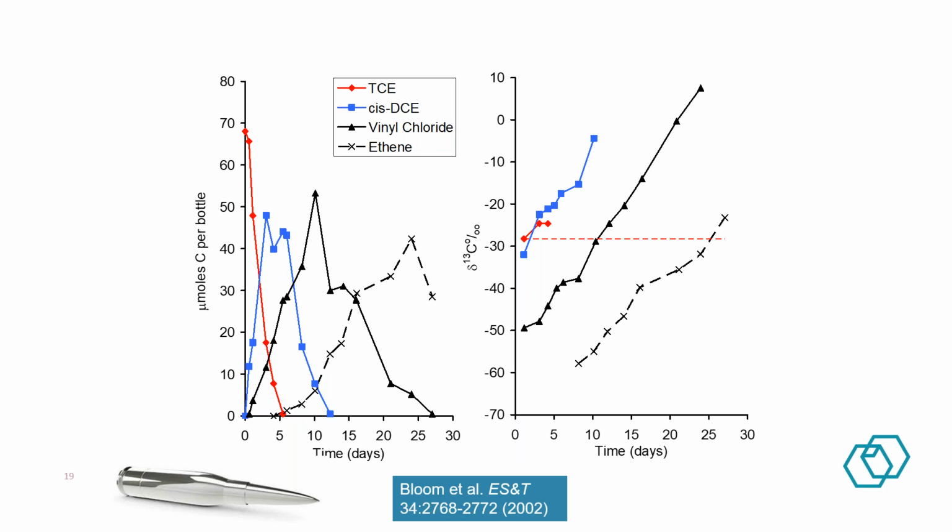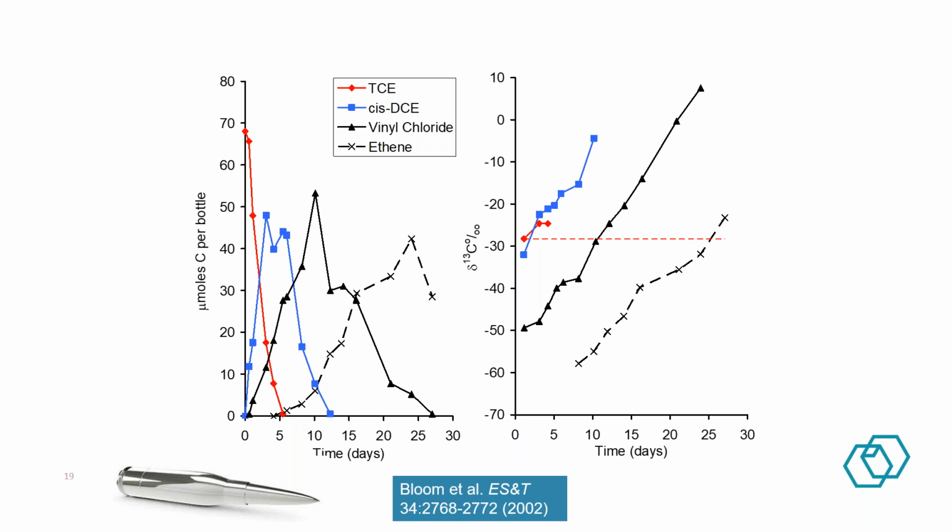You can tell it's in the lab though, because I've never seen this exactly happen at a real site, but maybe someone has been lucky enough. But anyway, the TCE is going down. As the TCE goes down in concentration, the cis-DCE is being produced, it goes up, it hits a plateau, it starts to come down again. As it's coming down, the VC goes up, then comes down, and as the VC is going down, you have the ethene. So that's what we would normally see if we were doing concentrations.